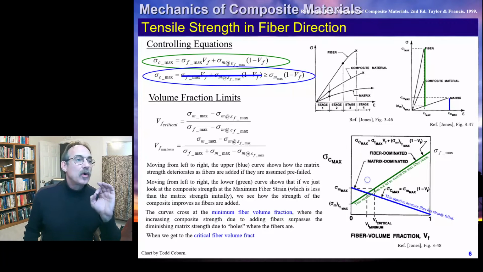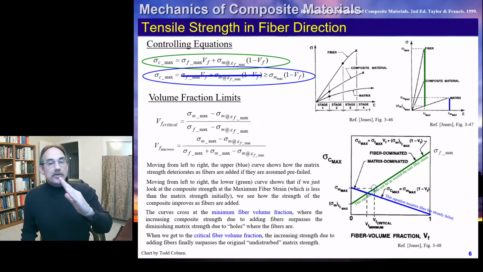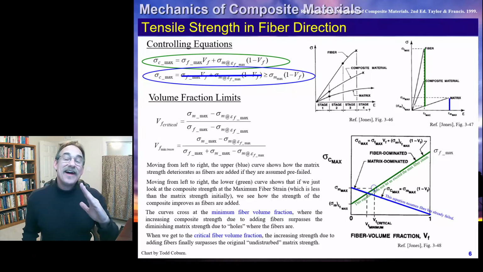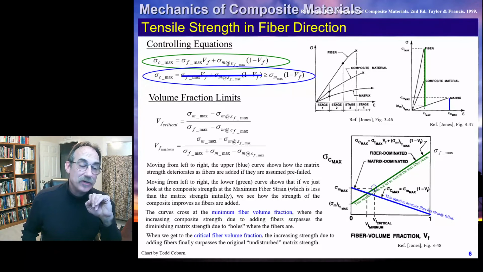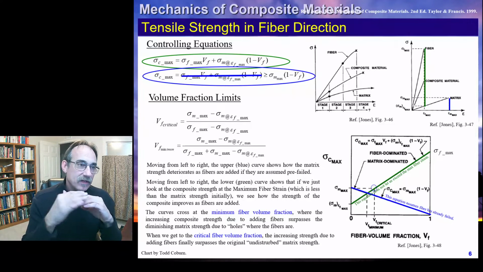And our critical fiber volume fraction, which is associated with this point here, is where that increasing strength by adding more and more fibers to the matrix finally passes the original matrix strength. Obviously, it would be really foolish to design below the minimum fiber volume fraction, and it is also foolish to design for anything below the critical volume fraction, because both of them have a negative effect on the strength of the lamina.